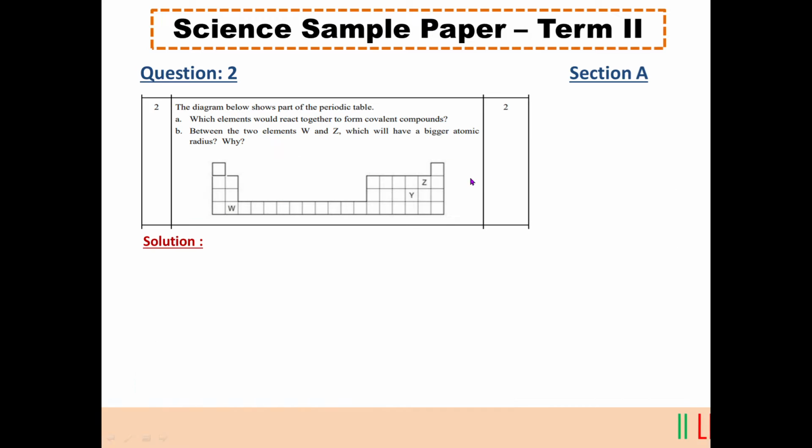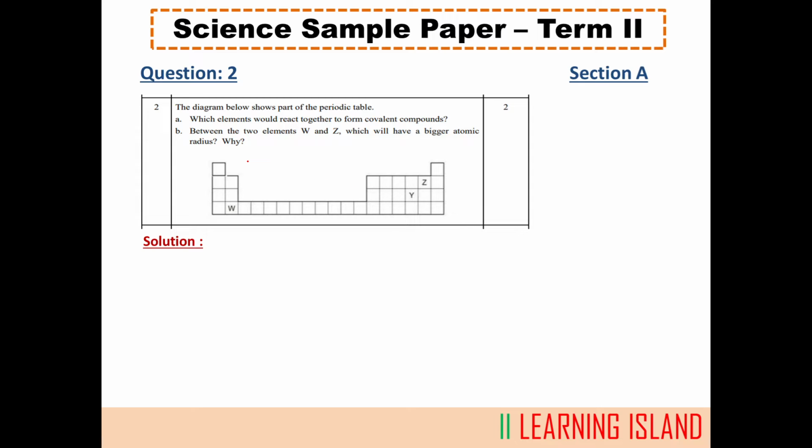So now go to question number 2. Here you see a chart is given. The diagram below shows part of the periodic table. Which elements would react together to form covalent compounds?